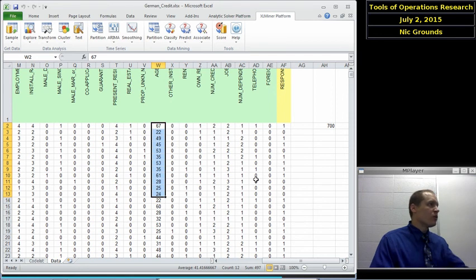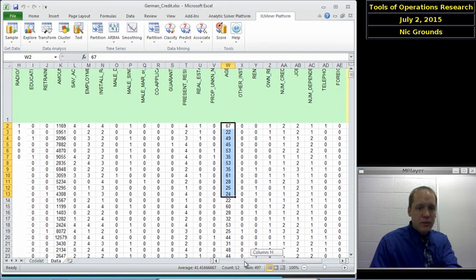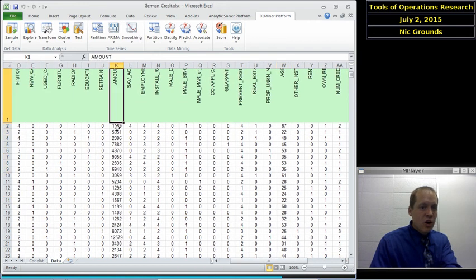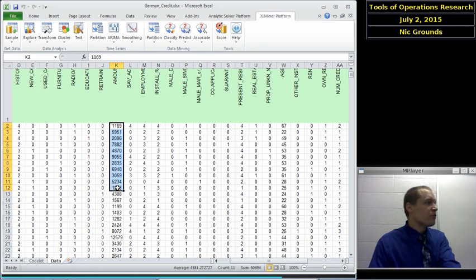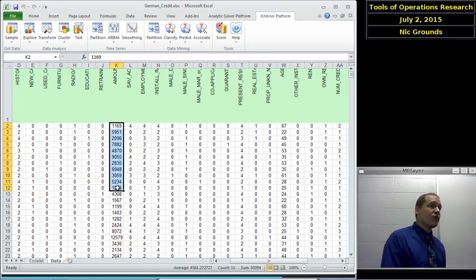Maybe older people get loans, younger people don't. Maybe there's a pattern that says whether or not the person is getting a large amount of a loan versus a small amount, influences whether they get the loan. Maybe there's a combination of things that say if you're an old person getting a large loan for a new car, you're likely to get the loan versus not, okay, and so forth. So that's the data mining we want to do.